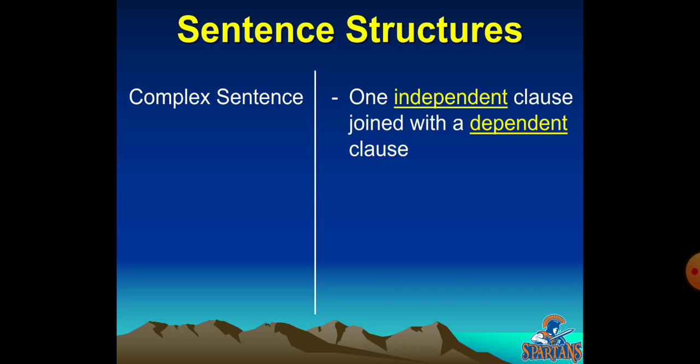Okay. The third type of sentence structure is complex sentence. A complex sentence is made up of one independent clause joined with a dependent clause. That means it should at least have one dependent clause and one independent clause.